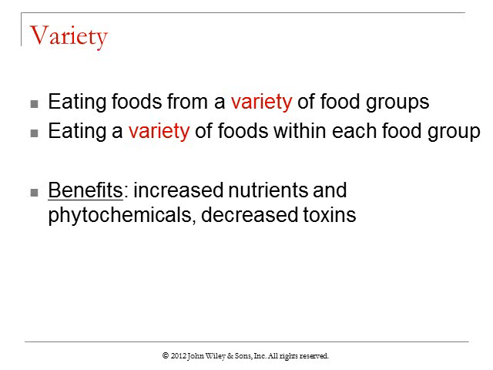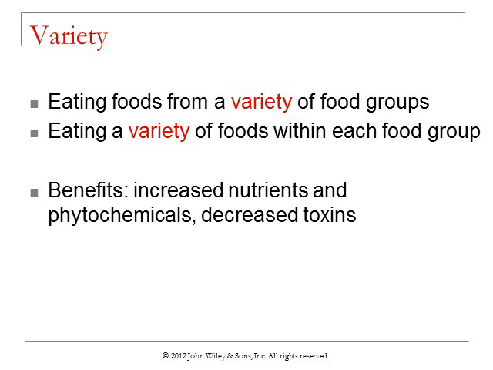So eating food from different food groups, so getting into your proteins and more of your carbohydrates and trying the different food groups. And then within each of those food groups, having a variety of food. So instead of saying, I get my veggies every day, because you eat broccoli every day, eat broccoli one day, romaine lettuce another day, carrots another day, and you're going to have a lot of variety there.